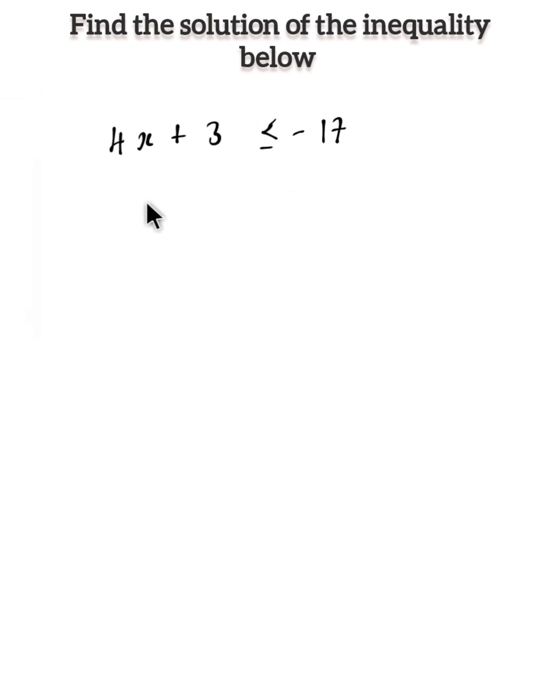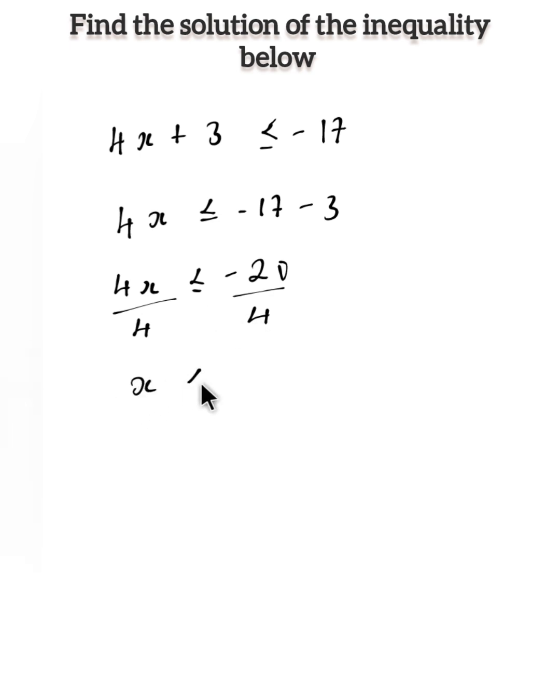So the first step is to collect like terms, which is 4x is less than or equal to minus 17. If 3 crosses over, it becomes minus 3. So 4x is less than or equal to minus 20. And when we divide both sides by 4, which is positive, the sign remains unchanged. So it becomes x is less than or equal to minus 5.